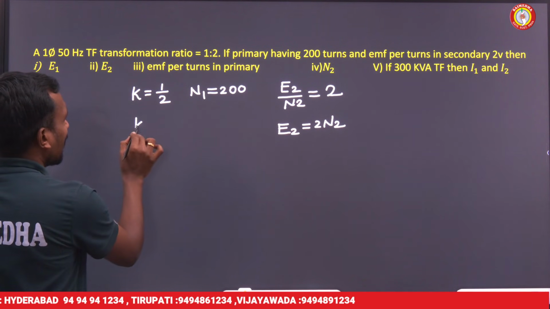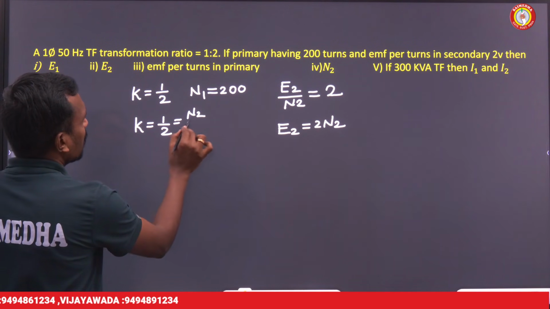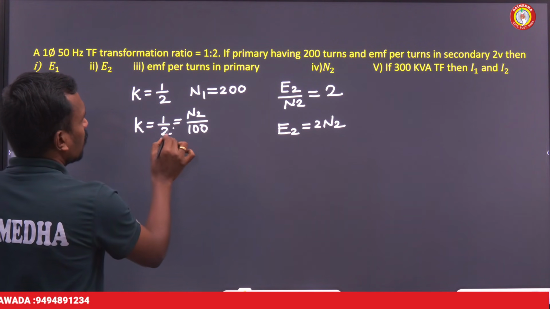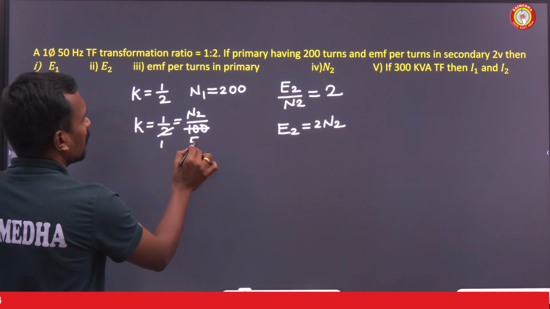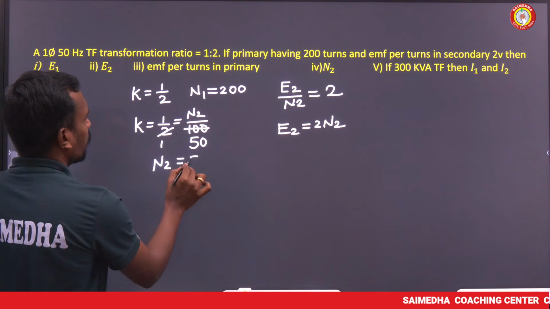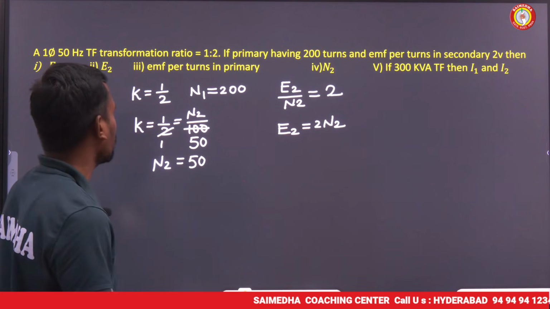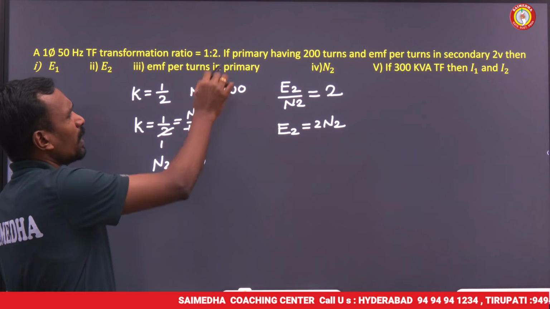Very simple, sir, K equals N2 by N1. K is given as 1:2, transformation ratio 1/2. N2 we don't know. N1 we know.